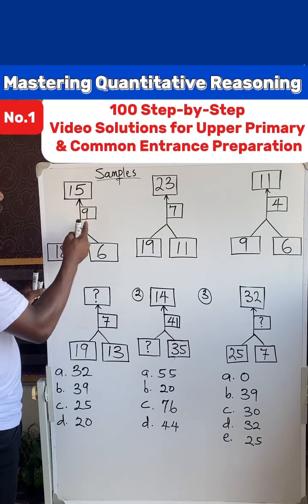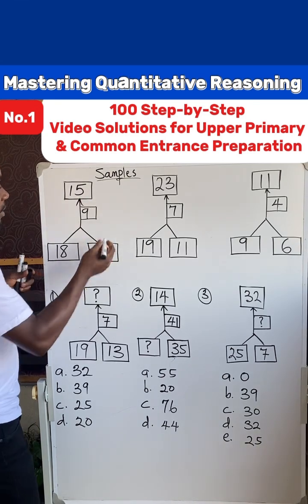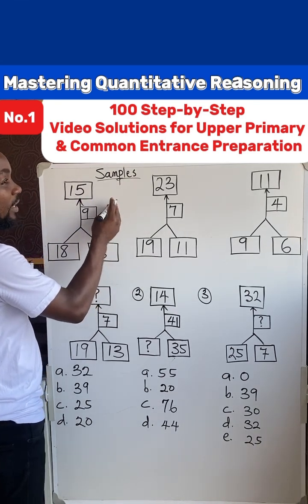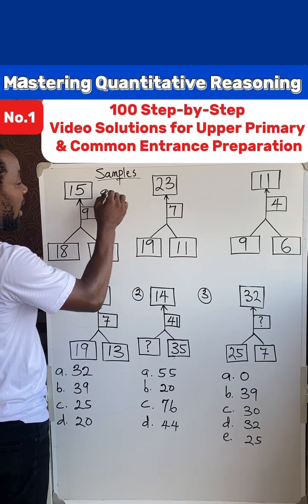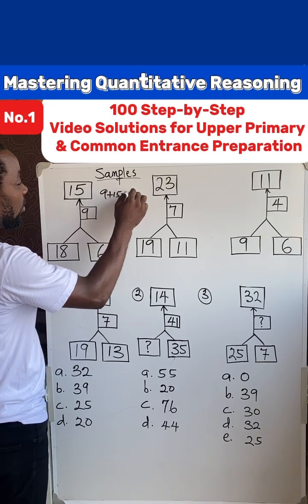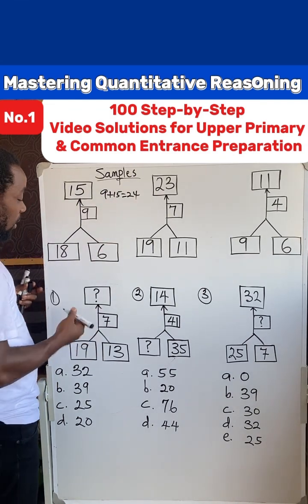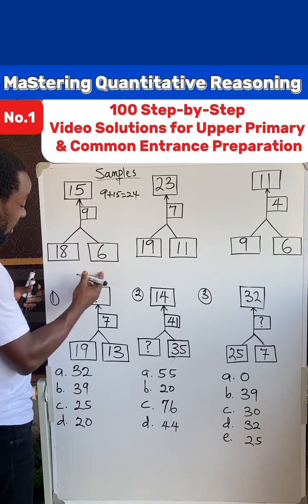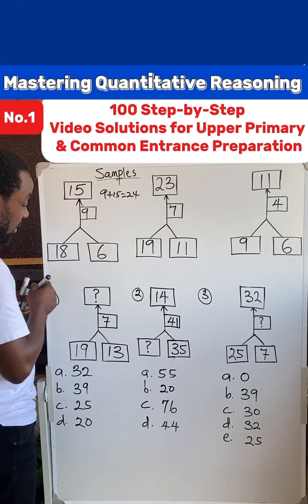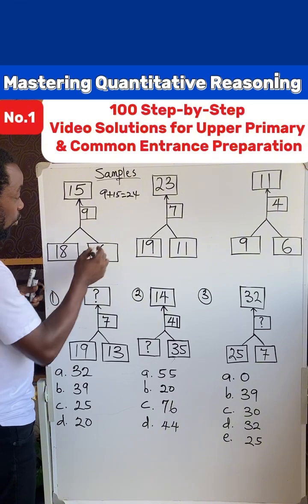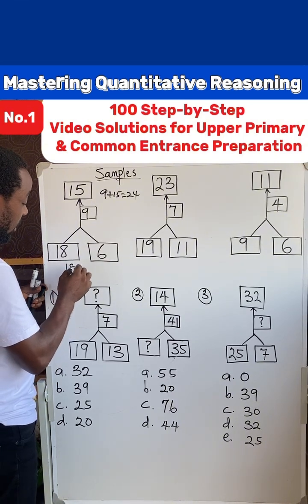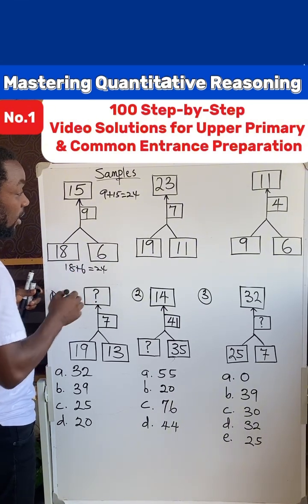Now let me add the 2. 9 plus 15 will give me 24. Now let me also add these 2 numbers down. 18 plus 6 will also give me 24.